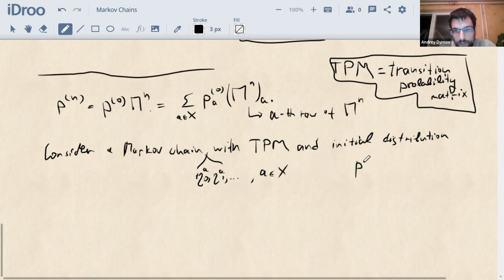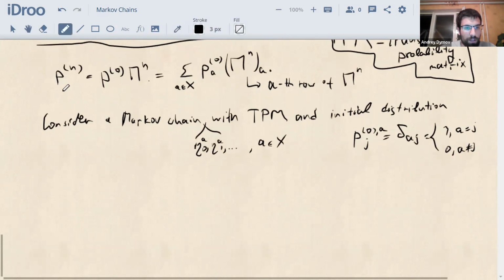I will consider the following: P0(J) equals delta AJ. So this is a Kronecker delta. It equals 1 where A equals J, and it is 0 when A is different from J. In order to underline that all this depends on A, I put here the upper index A, and also I'll put my A here.